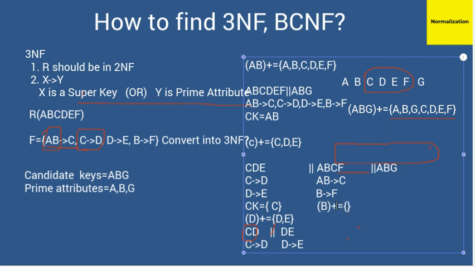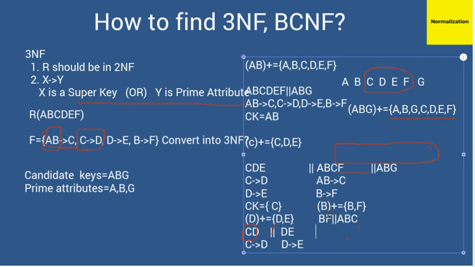You will get B comma F. That's it. So make it into a separate table in such a way that you delete F from the previous table and add BF as a new table. So the tables that arise are BF and, if you delete F from the previous table, ABC. So you get two tables here.